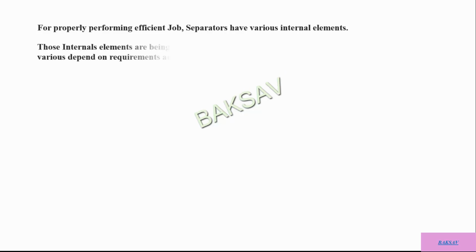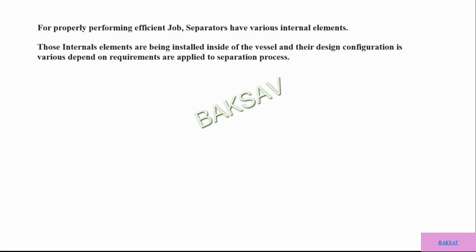For properly performing an efficient job, separators have various internal elements. Those internal elements are installed inside of the vessel and their design configuration varies depending on the requirements applied to the separation process.